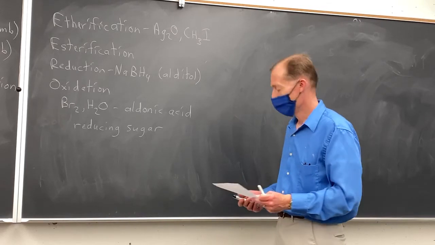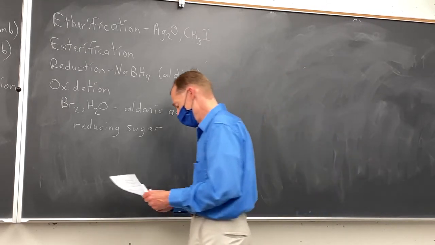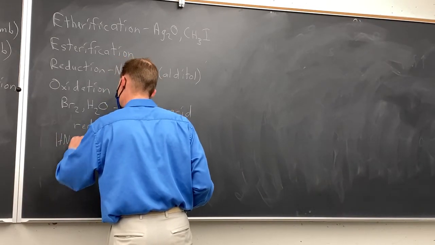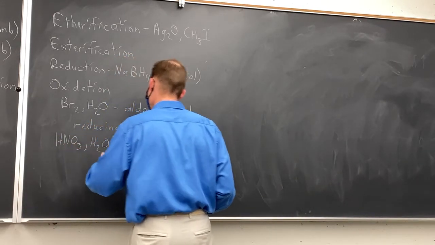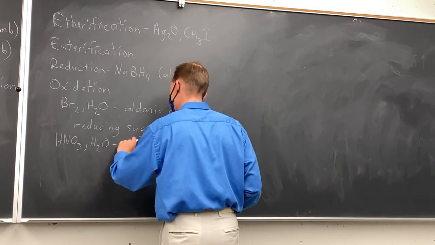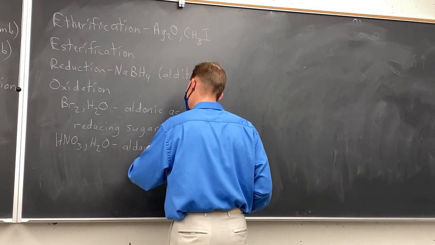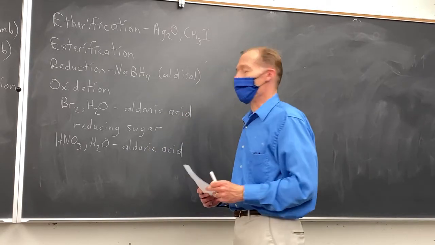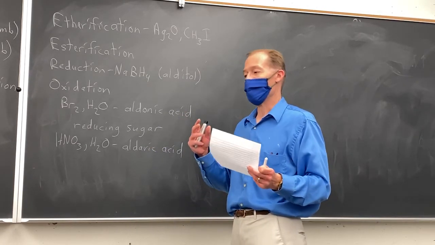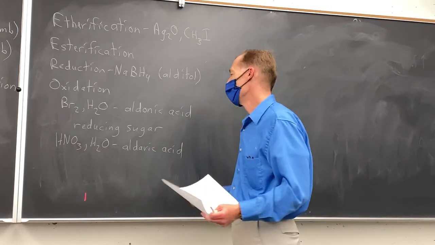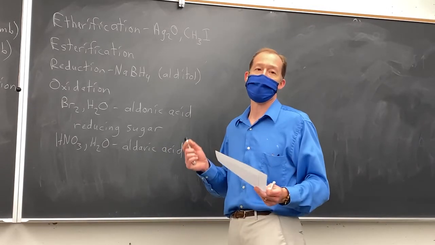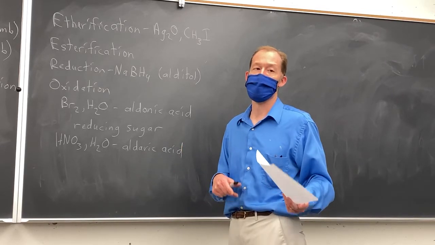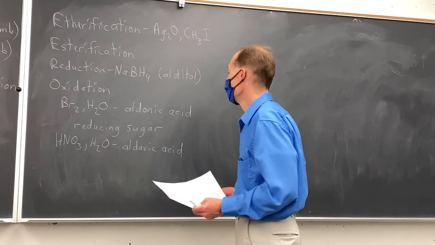Okay. And then our other oxidation that we have is the nitric acid in water. And that gives us the alderic acid. That's the product where we have a carboxylic acid at both ends of the chain, because this oxidant will oxidize both aldehydes and primary alcohols, but not secondary alcohols.